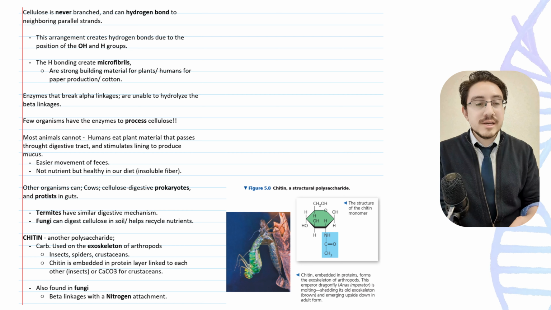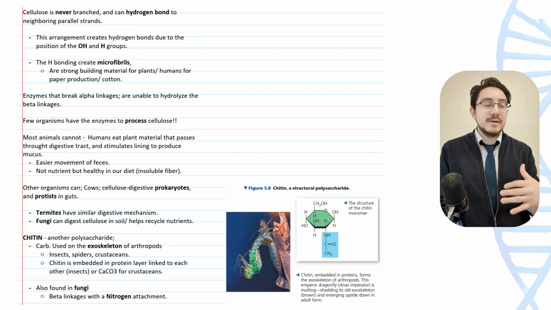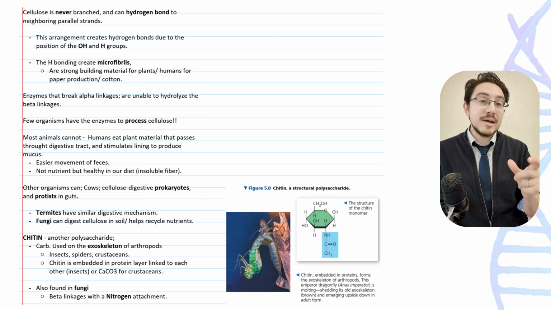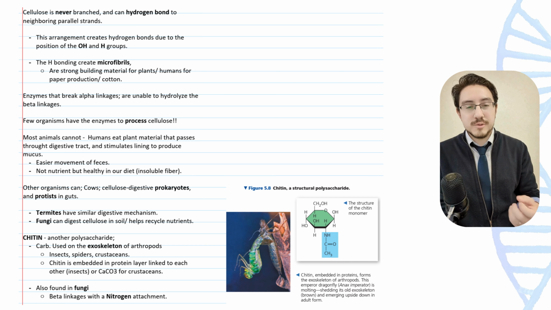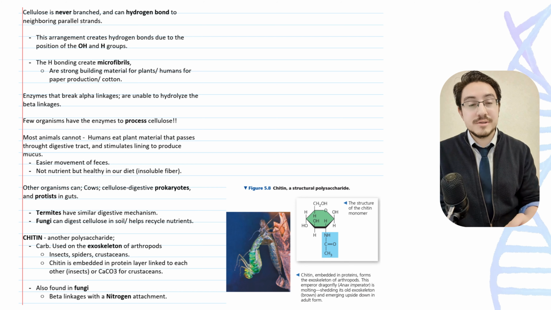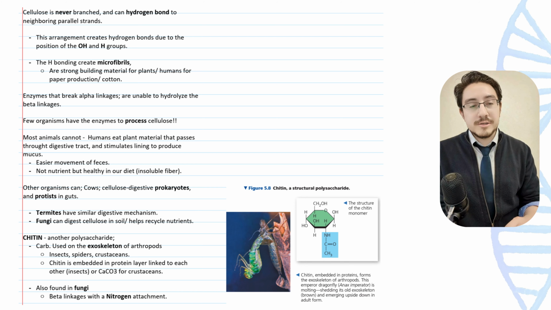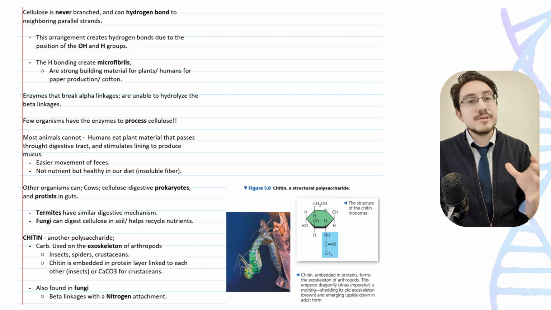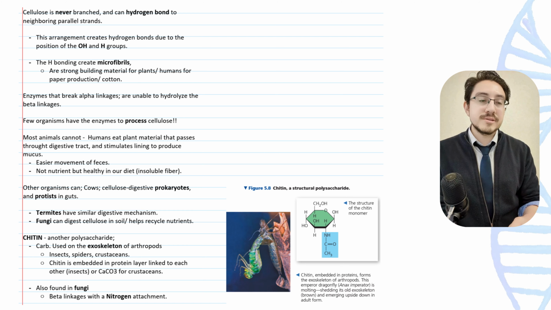Enzymes can break alpha linkages, right? But these enzymes are not able to hydrolyze beta linkages. That's how strong the resistance is to break apart for cellulose. There are very few organisms that are actually able to break down cellulose in this beta formation. Most animals cannot.